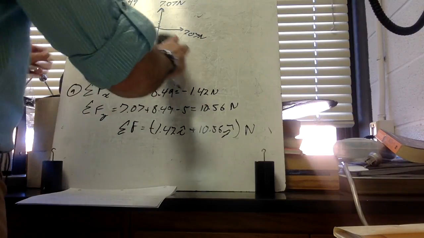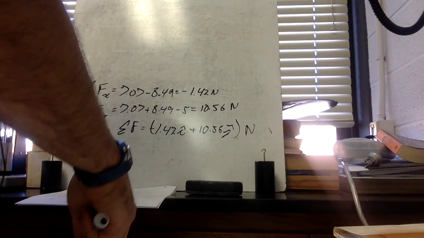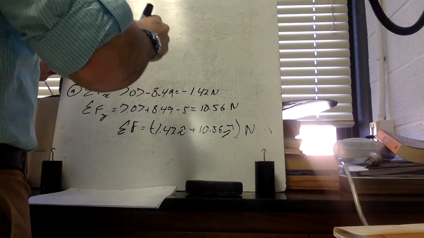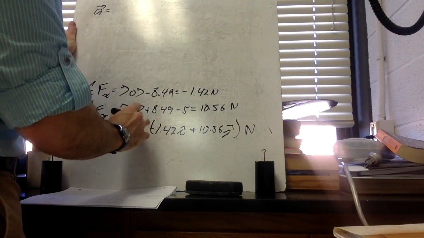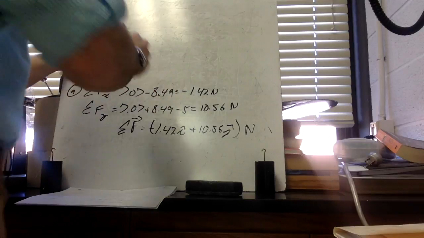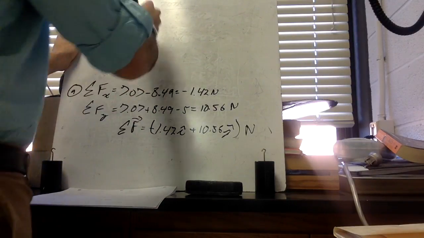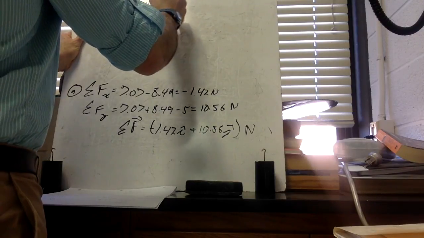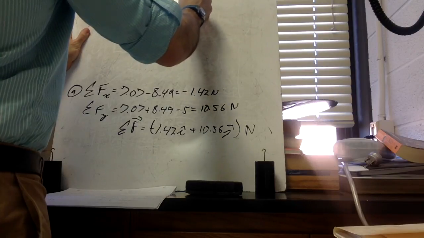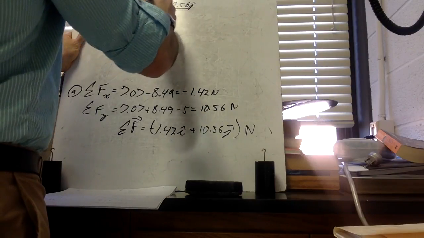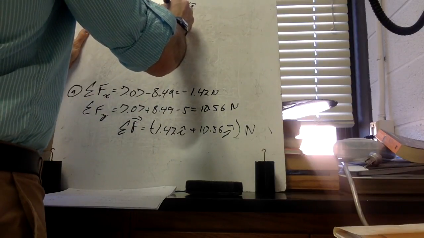Part B, what I'm going to do here is erase this now and go up. B is asking for the acceleration, and I can express the acceleration this way. These are vectors, so I can have the arrows over them. a is just F over m. So this is going to be negative 1.42 i plus 10.56 j over the mass. We're going to say the mass is 0.51 kilograms.